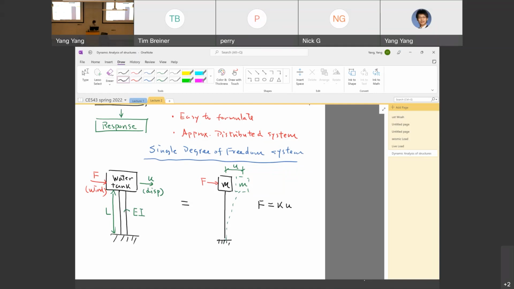Based on the structural analysis, if we have a cantilever column here, what is the K value? What's the relationship between K and EI and L?